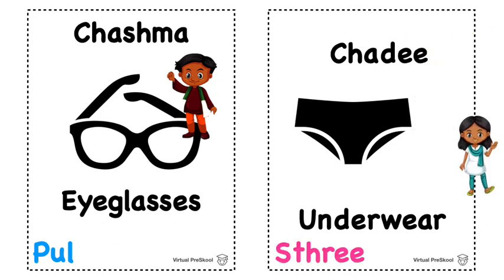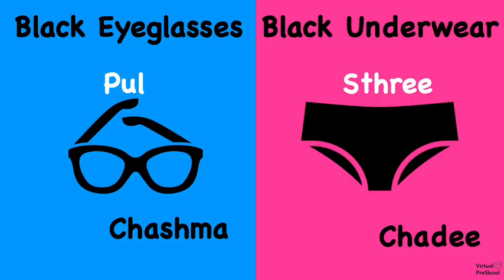They are stri, right? So since chashma is a pull noun, to say black sunglasses, we use the pull inflection kala. So we would say kala chashma. And since chaddi is a stri noun, to say black underwear, we use the stri inflection kali. So it becomes kali chaddi.